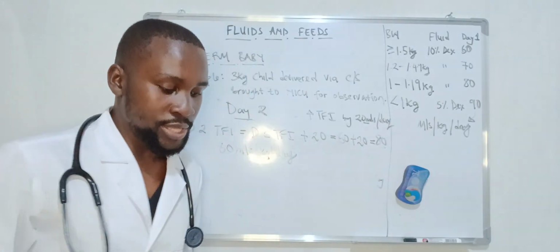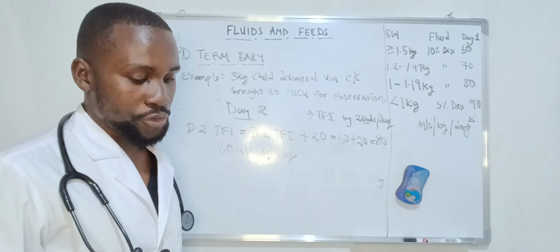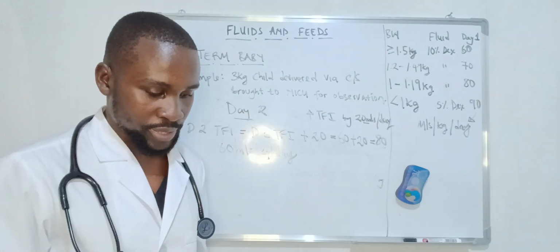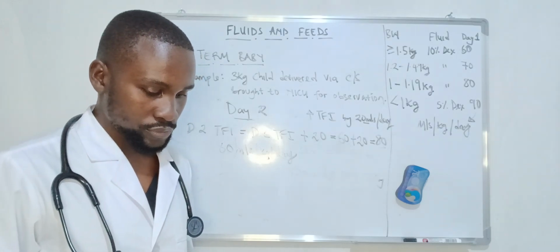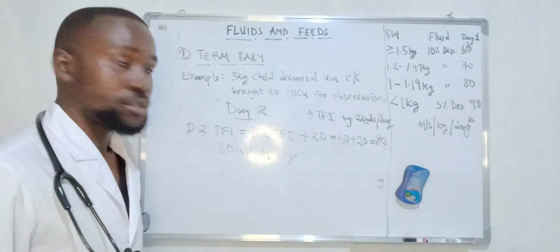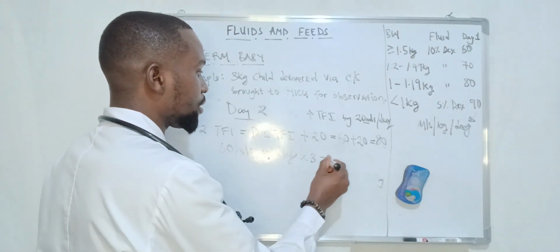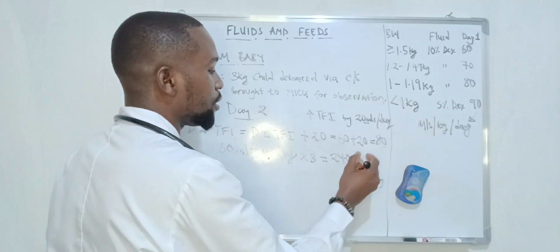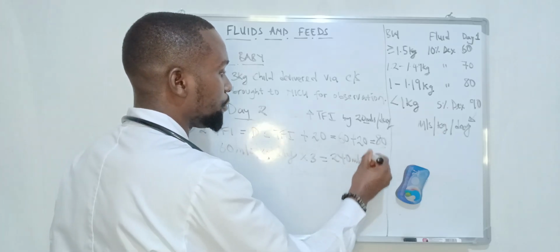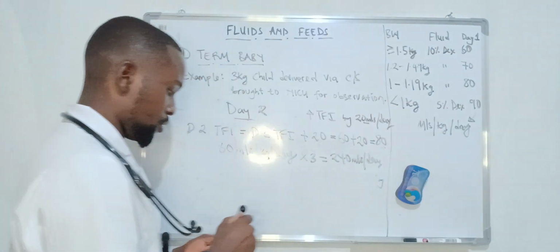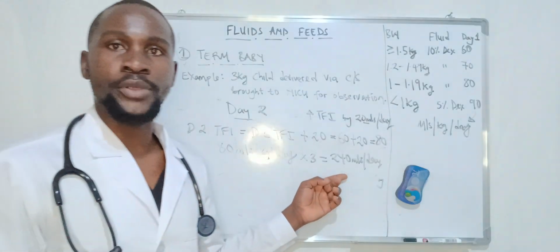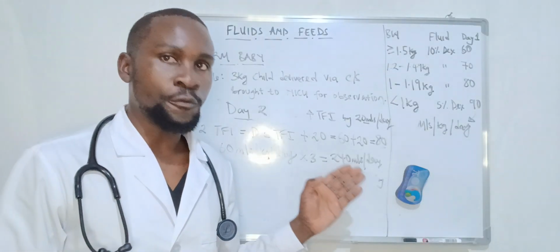It means that this child is now going to receive, so let's do that, let's multiply. It gives you 240. So you say 80 mils per kg per day multiplied by 3, it gives you 240. So the child is supposed to receive 240 mils per day of feeds.